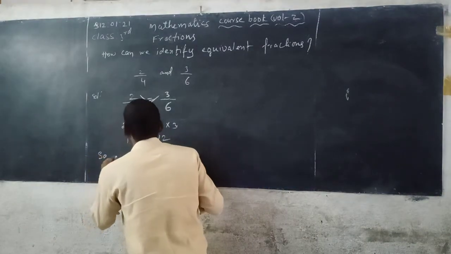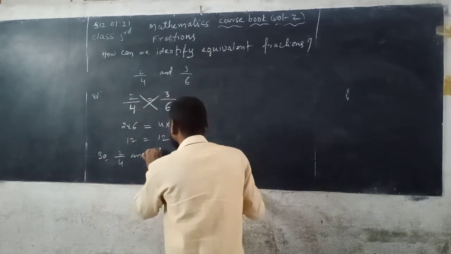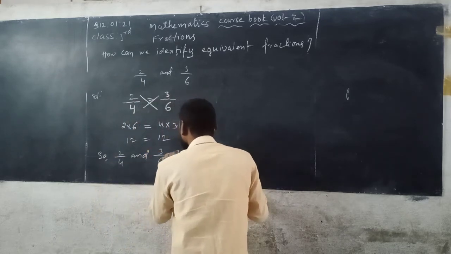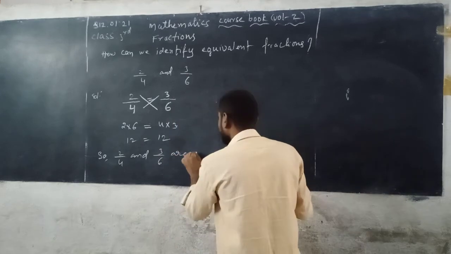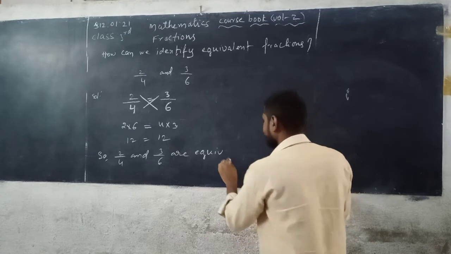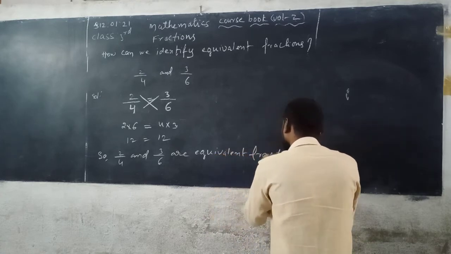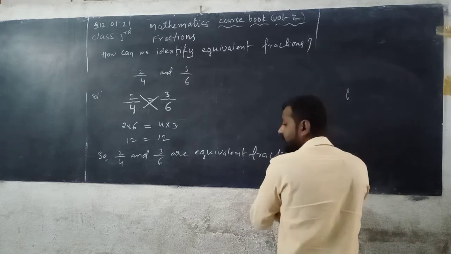So 2 by 4 and 3 by 6 are equivalent fractions. Write down. Did you understand?